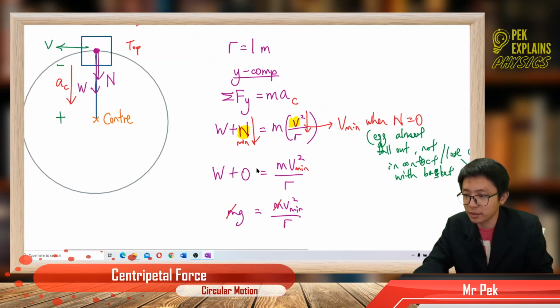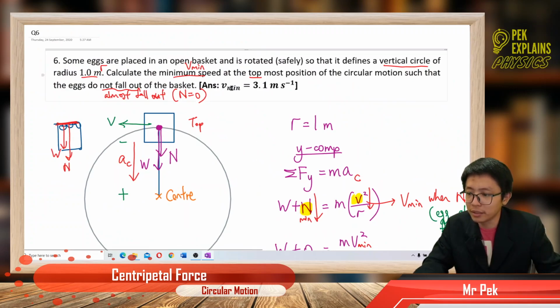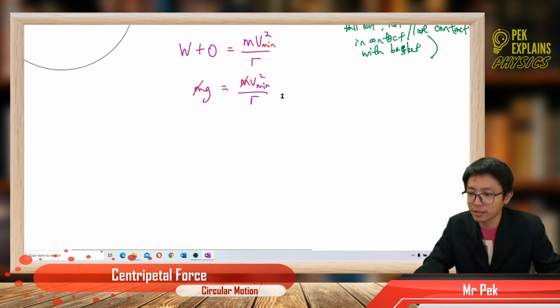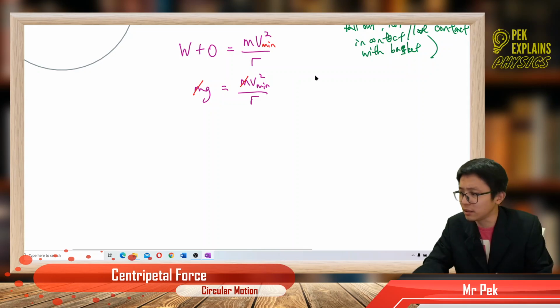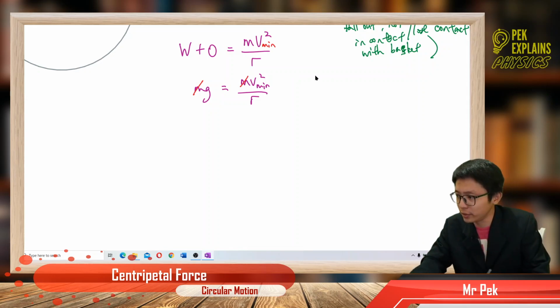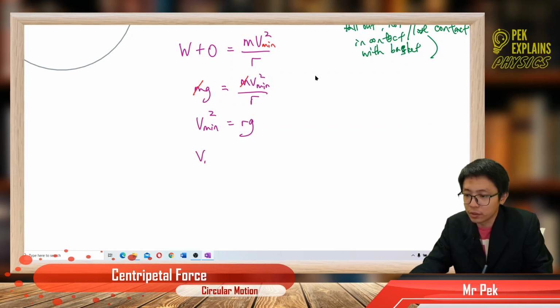The mass was not given, never mind, we can cut it off. Sometimes not all information must be given because the variable can be cut off, so there is no need to consider its value. So v minimum squared is equal to r g, and our minimum speed is equal to the square root of r g.